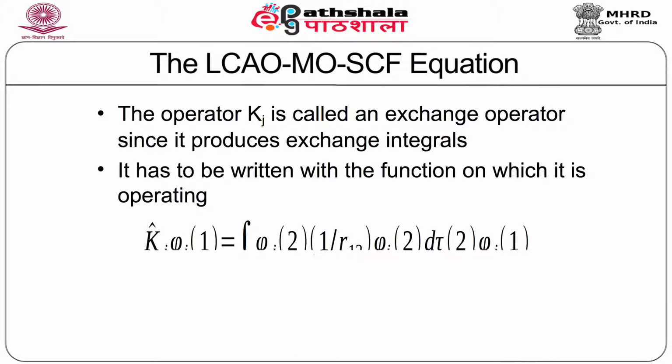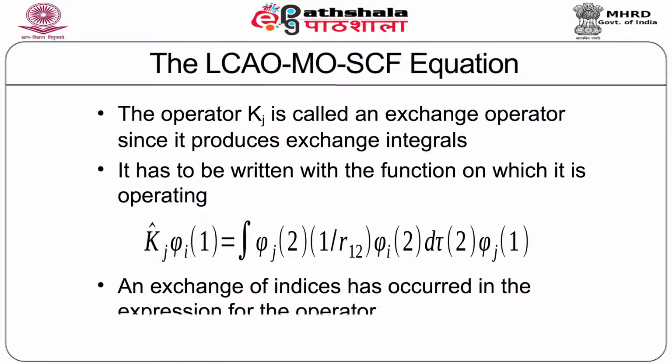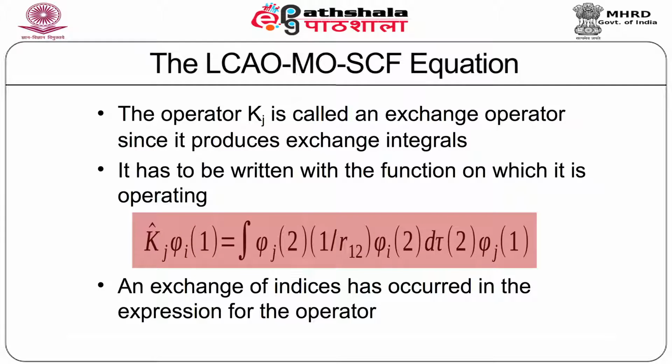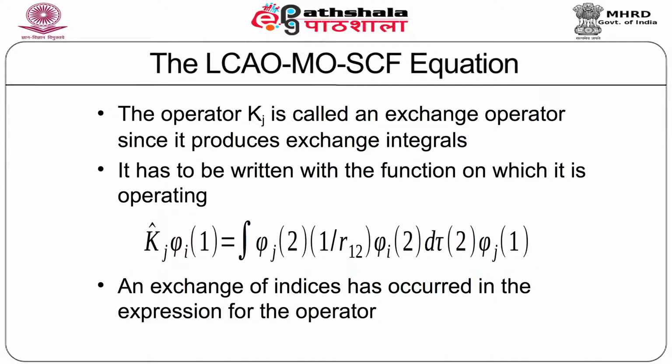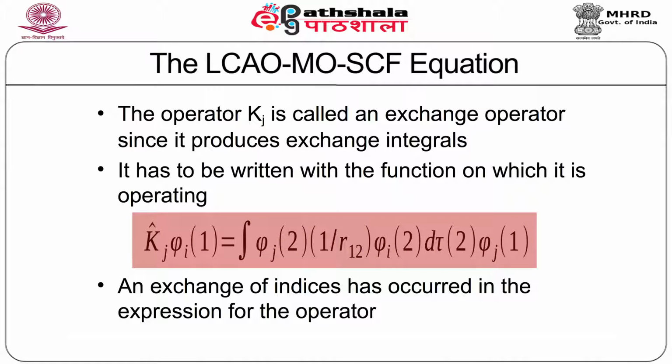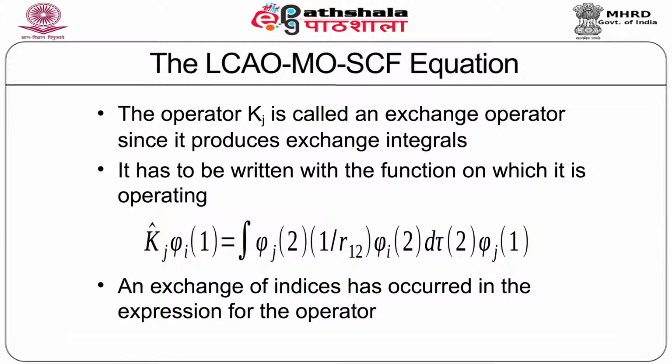It has to be written with the function on which it is operating, as in the equation K_j phi_i(1) equals integral of phi_j star(2) 1 by r_12 phi_i(2) integrated over the volume d tau_2, times phi_j(1). An exchange of indices has occurred in the expression for the operator K_j.